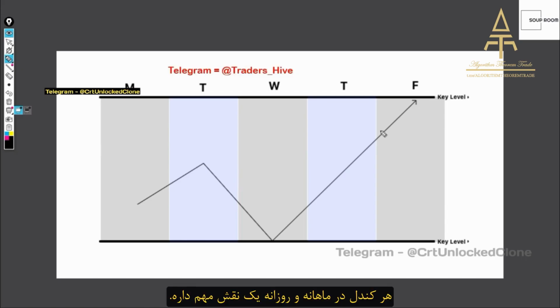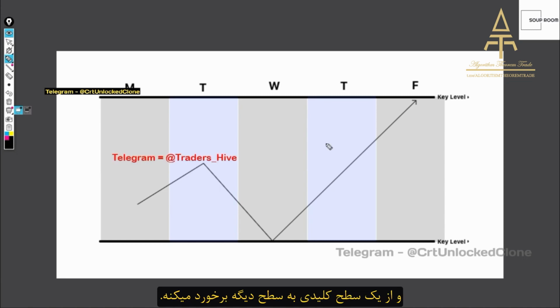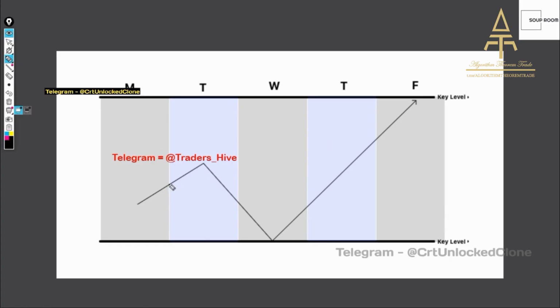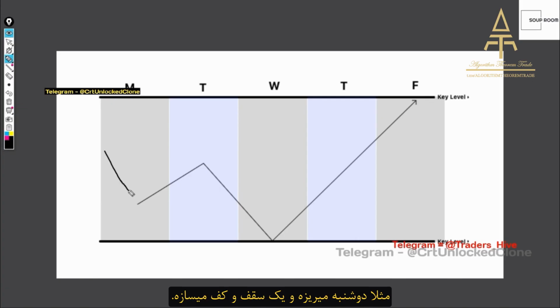Every single month, week, day, every single candle has a function and a role, starting with a key level being tested and ending with an opposing key level being hit, right? So for example, Monday expands lower.